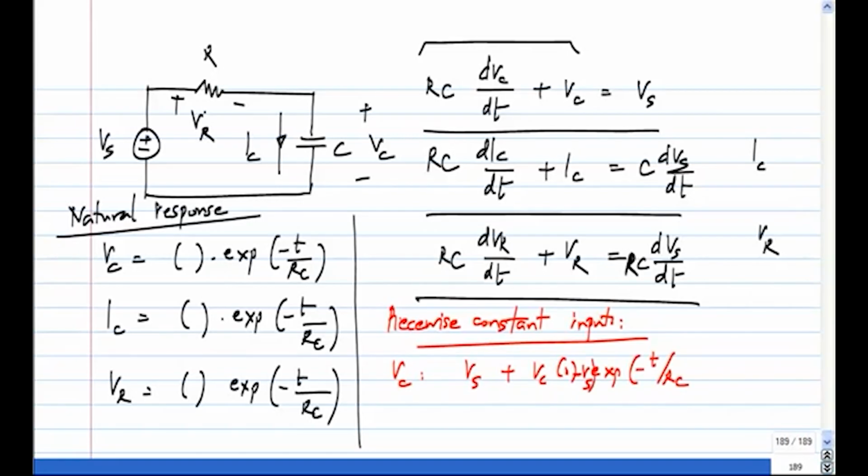Vc of 0 minus Vs. Okay, and Ic will be basically the final value, which I will write as Ic of infinity plus Ic of 0 minus Ic of infinity. This is the general form, right? The initial minus final value decaying off with a time constant Rc. Okay, and finally the Vr also will be the same. Vr of infinity, which is the final value, plus the difference between initial and final values times exponential minus T by Rc. They will all have the same time constant. So you should be able to work out the solution for any variable in the circuit, in any complicated circuit.